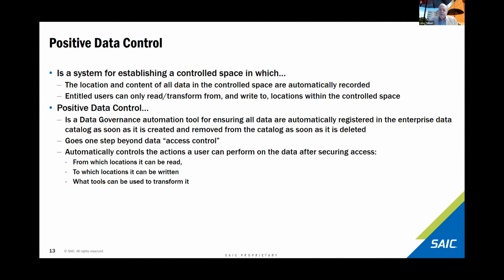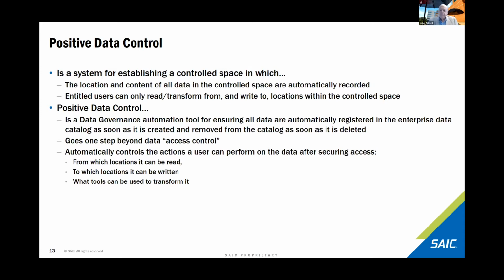But the problem is that once we get to data, we don't have much control about what people can actually do with it. So there's basically two parts to this. One is tracking everything that goes on, all the data, where it is, what's in it, and then what people can do with data once they have access to it.